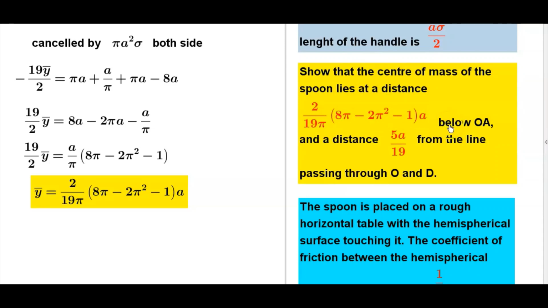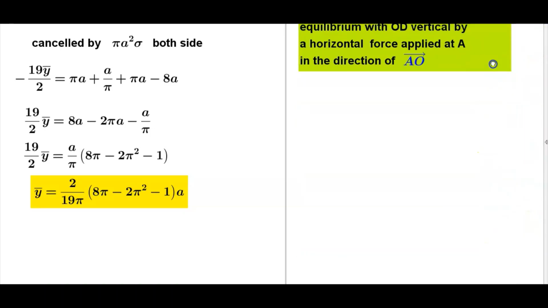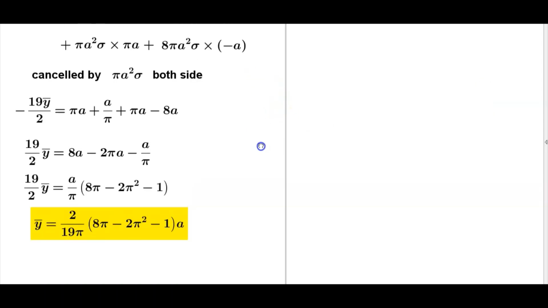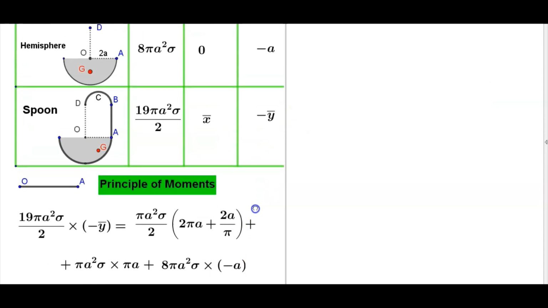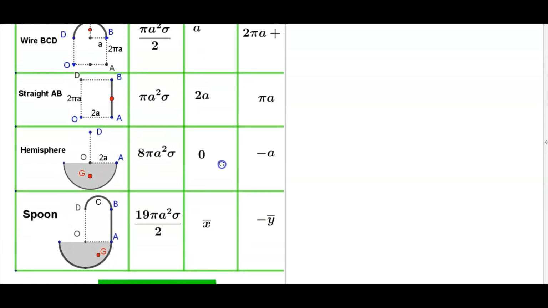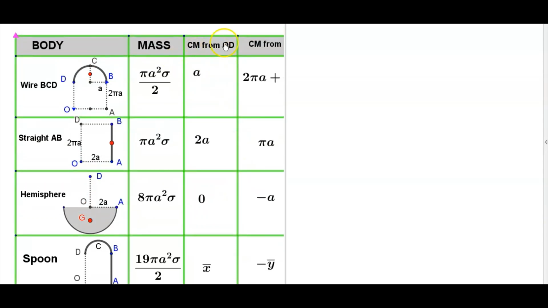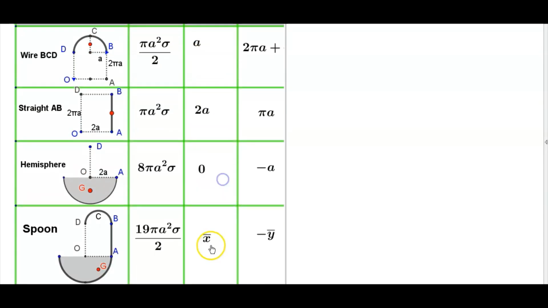This one below OA. Now we want to find out the other distance from OD, passing through OD. Or in the chart, the table, now we want to consider this distance from OD. And also we can find this x bar.